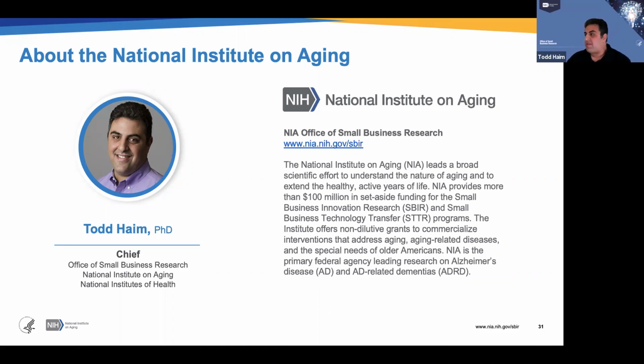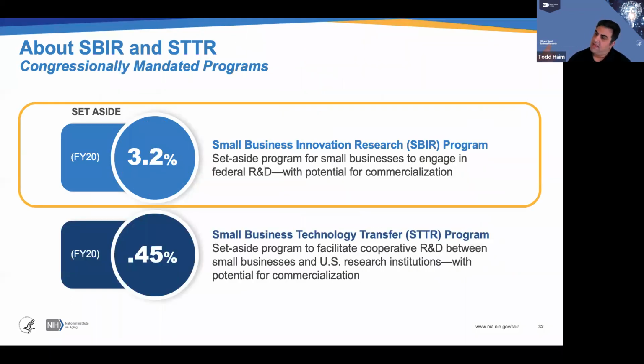So I manage the Office of Small Business Research at the NIA. Next slide. About SBIR and STTR. So the SBIR and STTR programs, for those that don't know and are new to the small business programs, are congressionally mandated set-aside programs that basically require federal agencies that provide money extramurally, in NIH's case to universities, to take a percentage of that money and allocate it specifically to small businesses.